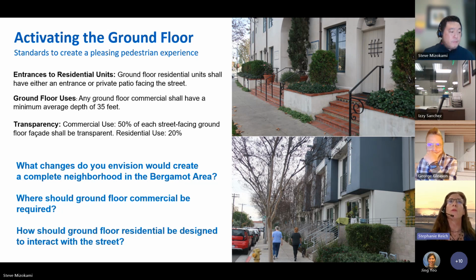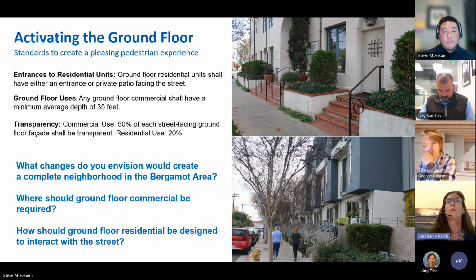More would be required for commercial uses because that's really good for commercial uses, and about 20% seems like a sweet spot for the residential units. So all throughout this relatively brief presentation, we'd like you to think of these questions and, in the question and answer, try to give us some of your thoughts on these.